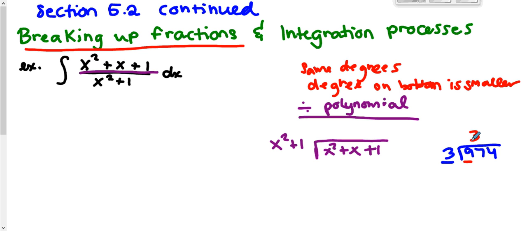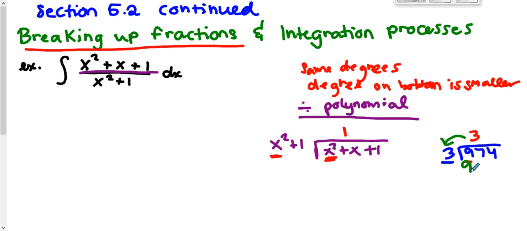So that's the same step for this x squared. We just look at the first terms. We don't have to worry about that plus 1. But we decide, okay, what do we multiply x squared by to get x squared? Well, they're the same thing, so it's just going to be multiplied by 1. Our next step in regular long division is multiplying these two together and putting what we get on the bottom.